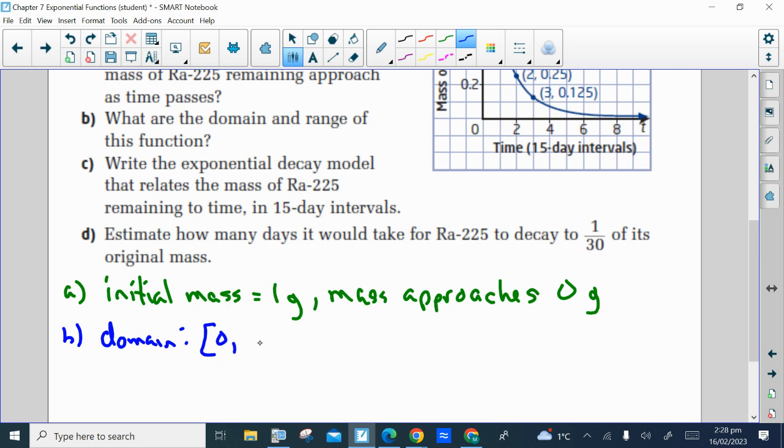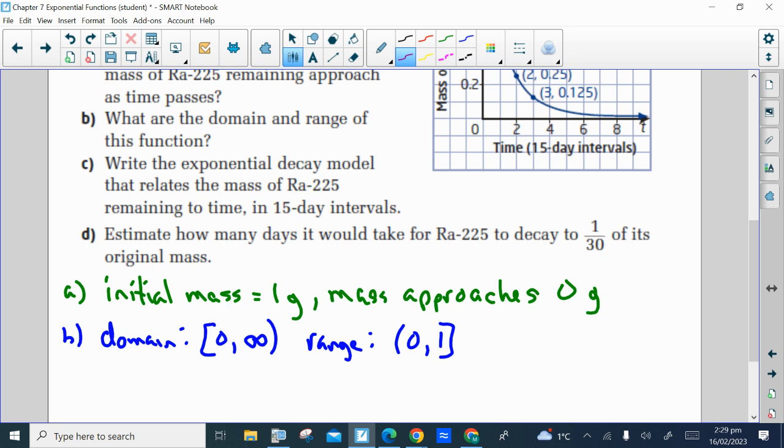The 0 is included, the infinity would not be. And the range in this case goes from 0, which would not be included, up to positive 1, which is. Right? This sample starts with 1 gram. So that is the upper mass. The lower mass will approach 0, but it'll never actually get there.